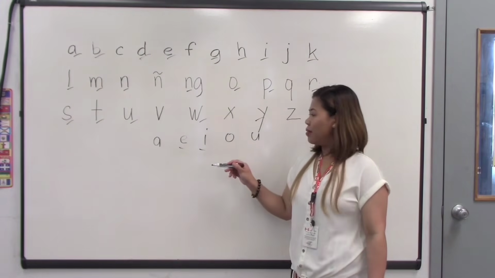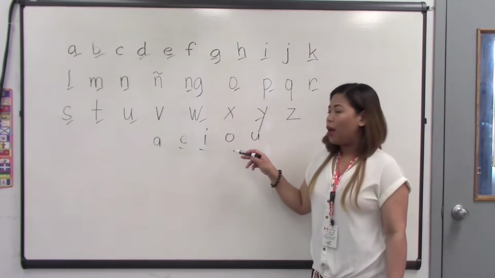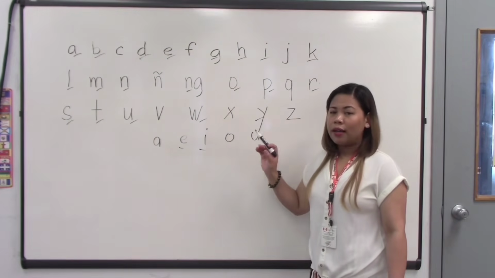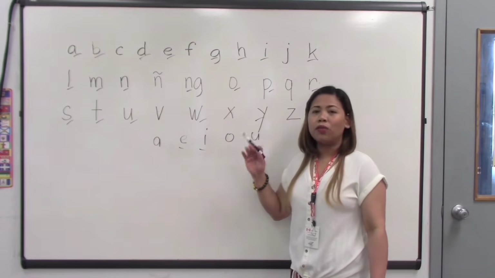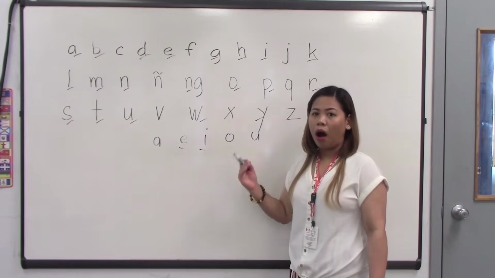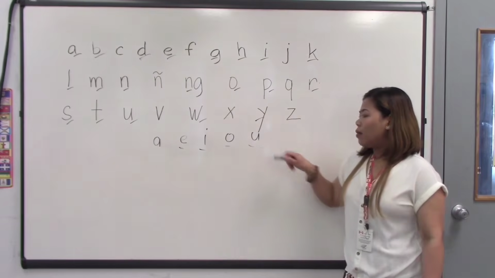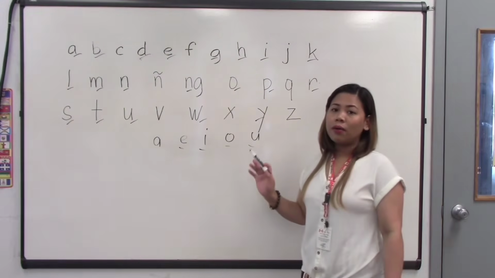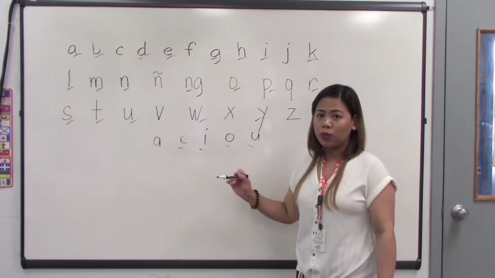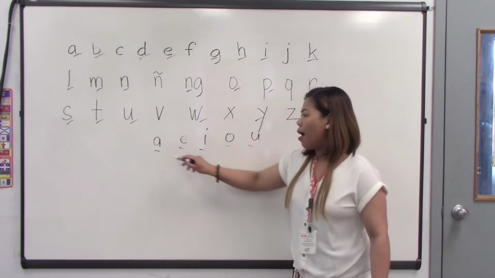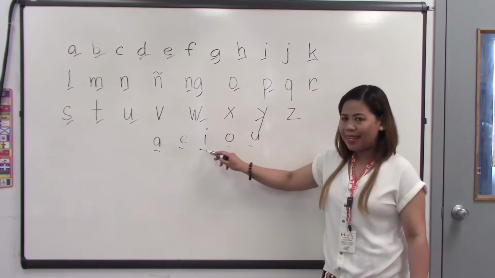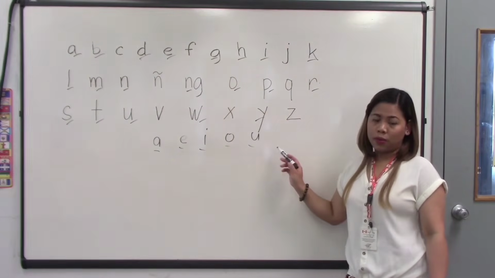E. The O is O. It's like in the middle. No O, no A. It's just O. And for the U, this is the hard one. It's U. So A, E, I, O, U.